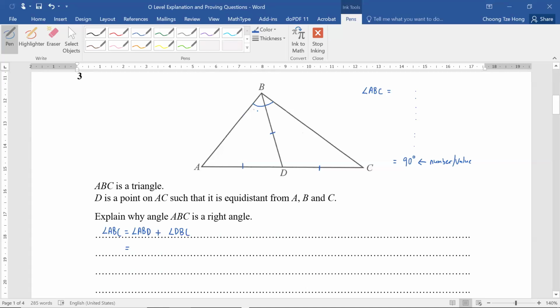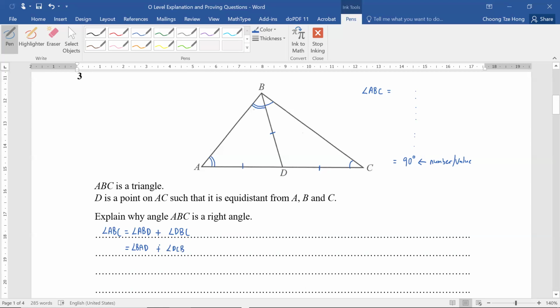Over here we have an isosceles triangle, right? So let's say, I'm going to add one more line here. Angle ABD will be equal to angle BAD, correct? Because it's an isosceles triangle. How can we then involve numbers? If I replace angle ABD with angle BAD, and do likewise on the other side, replacing angle DBC with angle DCB, then I won't achieve my objective.